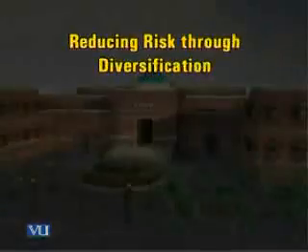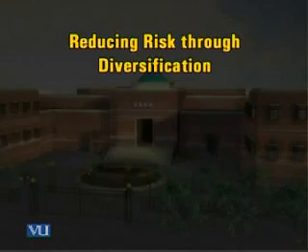Now the question arises, how can we reduce the risk? Is there any way out to reduce this risk? So the answer to this question is in diversification. If we hold more than one risky asset, we will be in a position to minimize the risk. There is an old saying: do not put all of your eggs in one basket.